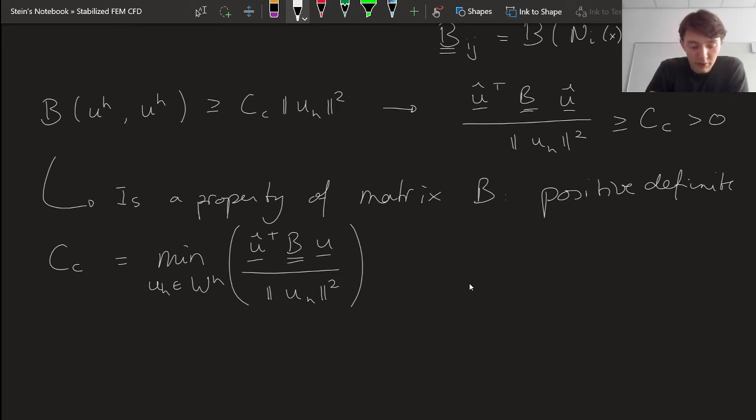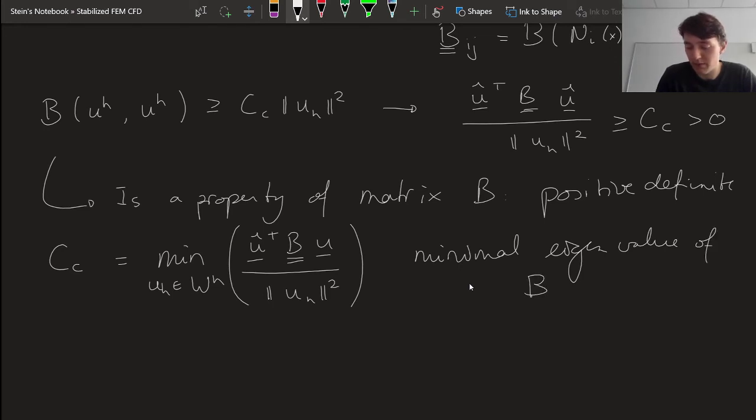And this is going to be, in my notes I wrote the maximum eigenvalue. Does that make sense? Pretty sure this is going to be the minimal eigenvalue of B.